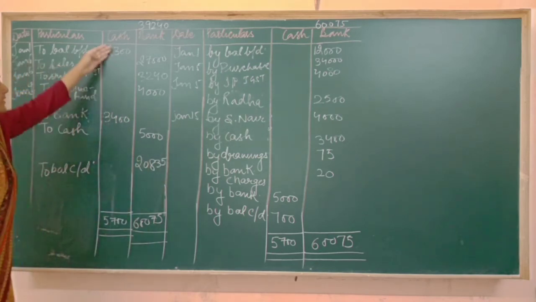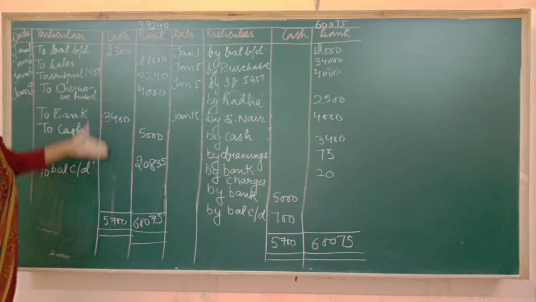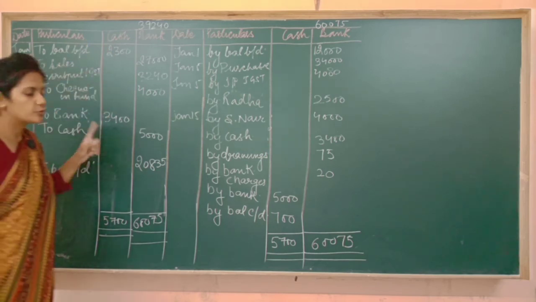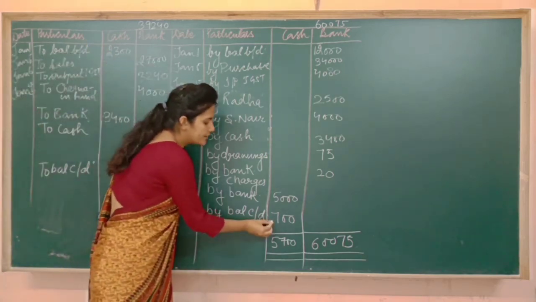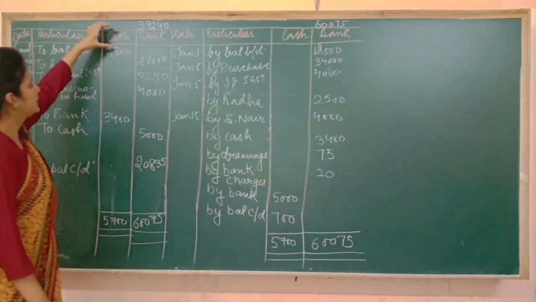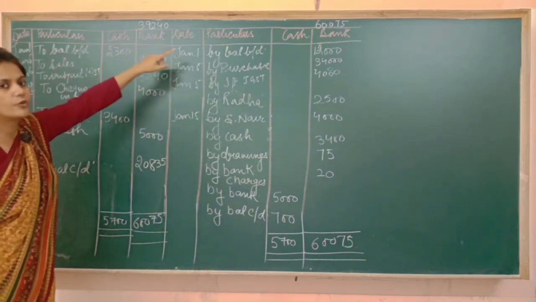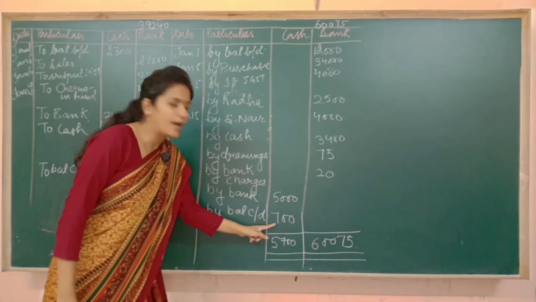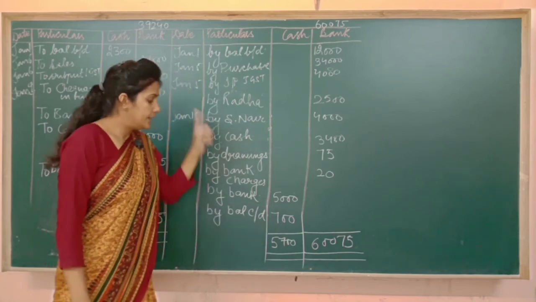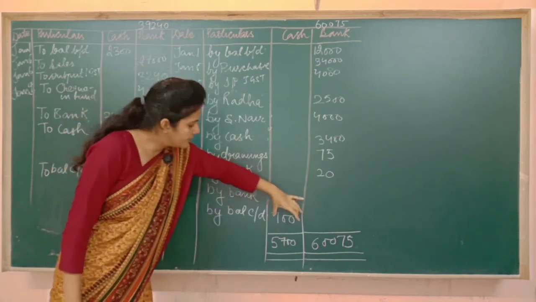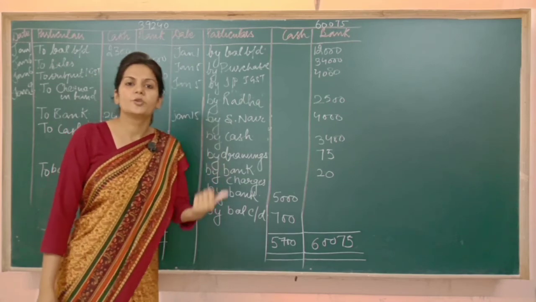Now, as in this column, the debit side of the cash column is greater, no? So I call that the cash column of the cash book is having a debit balance of 700. देखने में लग रहा है कि हमने इसे क्रेडिट साइड पर लिखा है, तो डेबिट बैलेंस क्यों बोल रहे हैं?